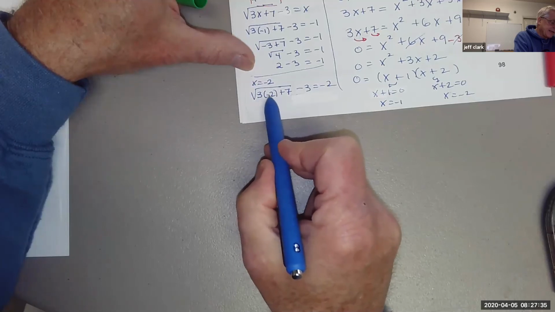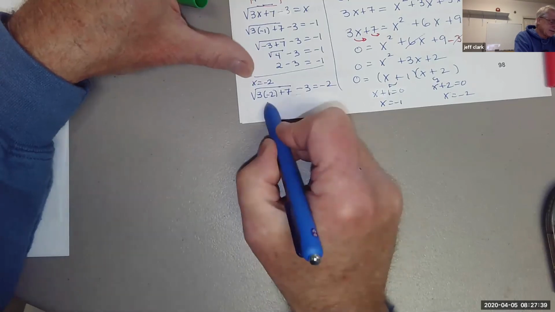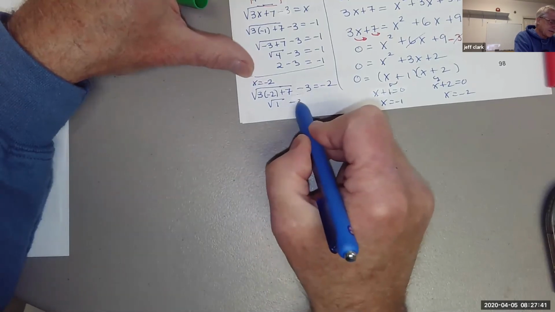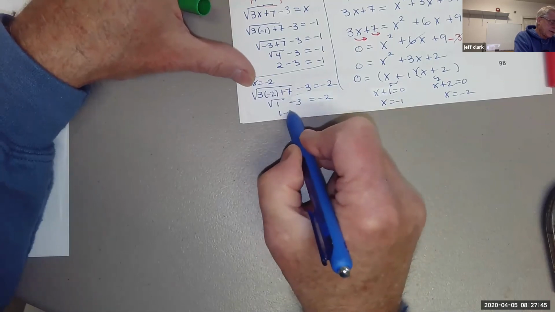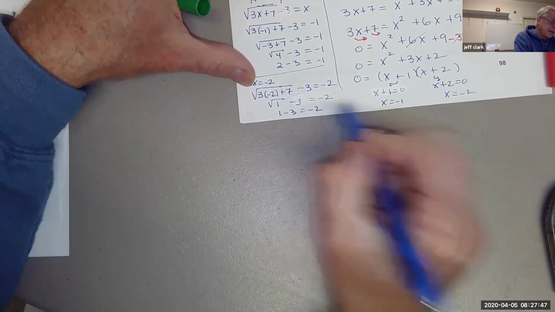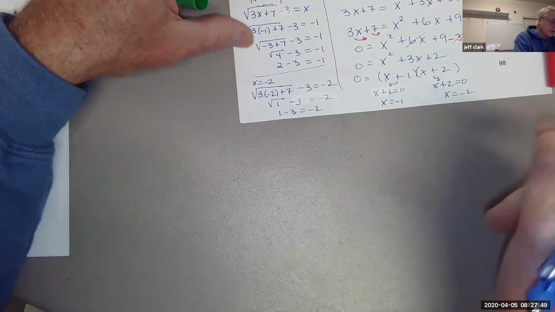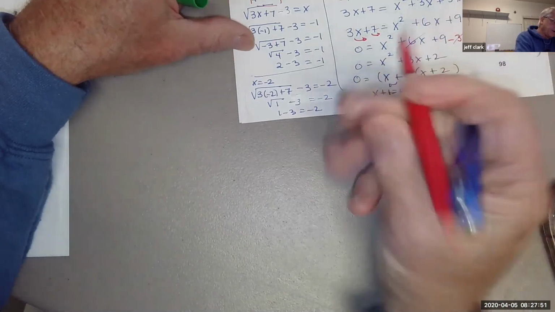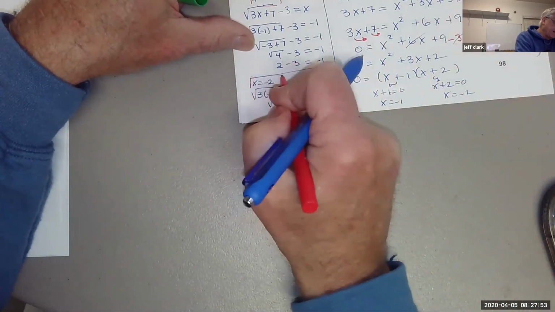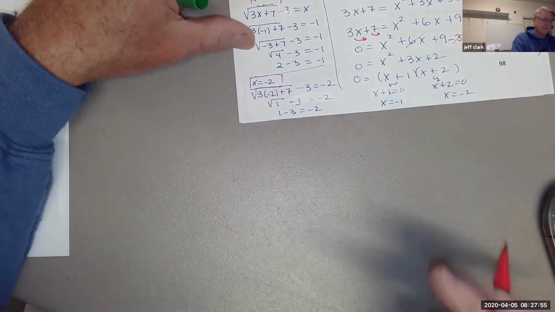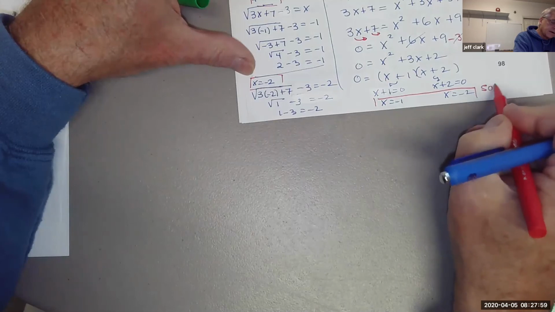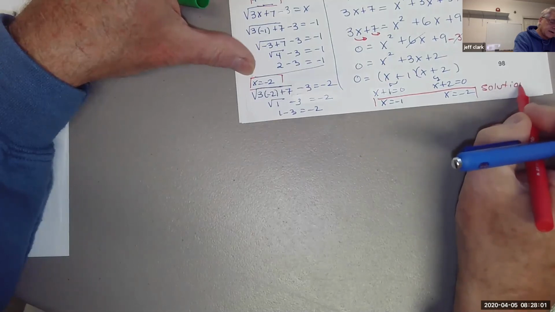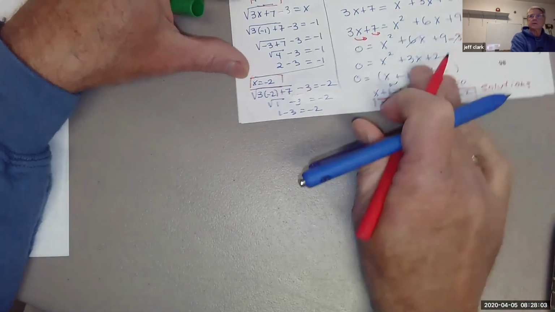That's -6. -6 plus 7 is square root of 1. Subtract 3 is equal to -2. I wonder if 1 subtract 3 is equal to -2, and it is. Well, then you have both of them working, and that's okay. I mean, you have 2 answers. They're solutions. Both of them are good.